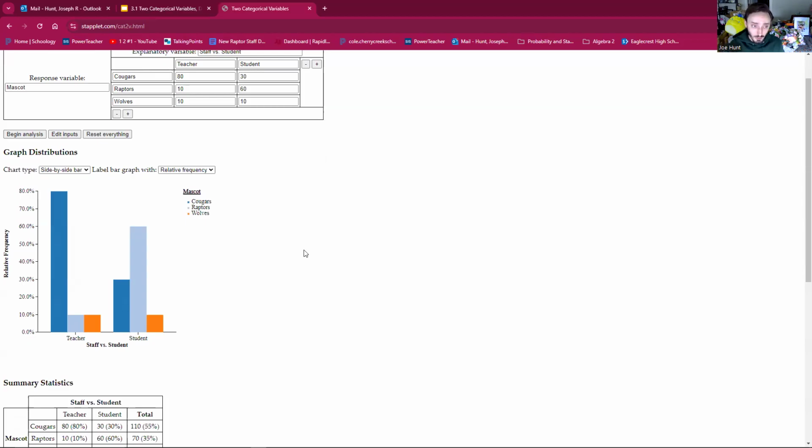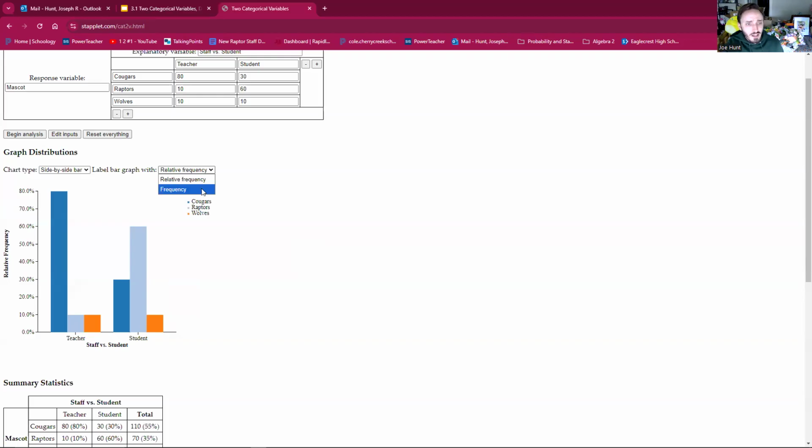A smaller percentage of the students, about 30% of students, voted for that, but visually, it kind of looks like Cougars won the vote. About 80% of staff and about 30% of students voted for the Cougars. So if there's 100 in each group, then that would lead me to believe that the most votes was for the Cougars, and we should have been the Eagle Crest High School Cougars, not the Raptors.